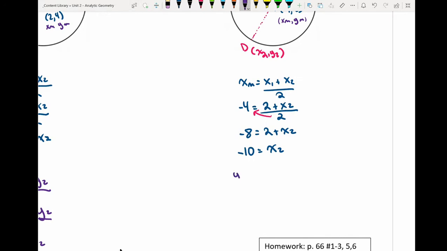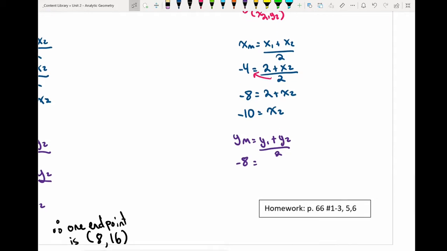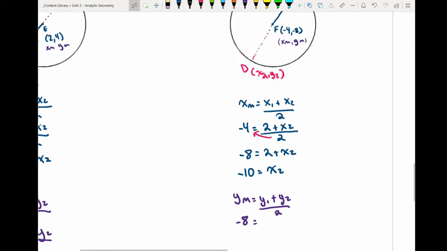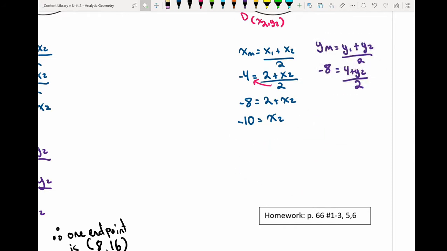And then we do our ym, so y1 plus y2 divided by 2. The y value of my midpoint is -8, equal to 4 plus y2 divided by 2.